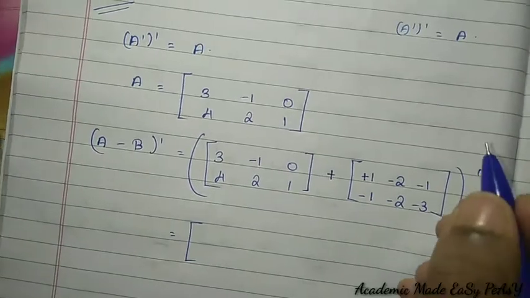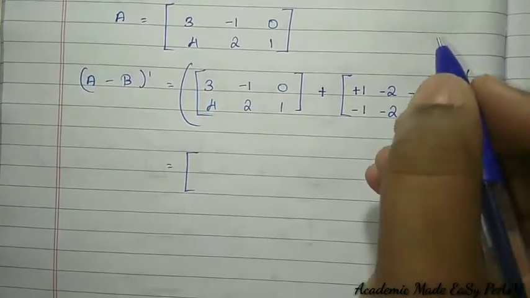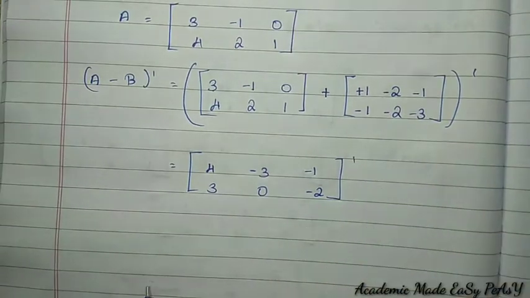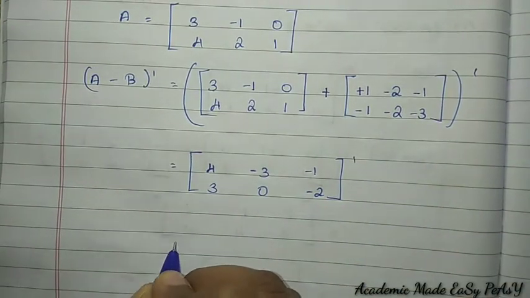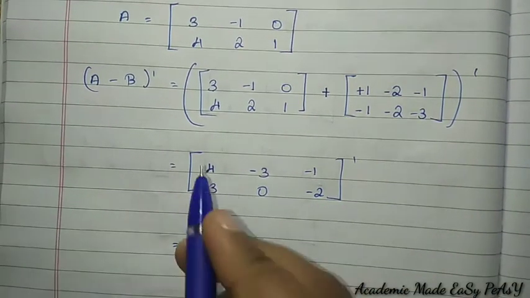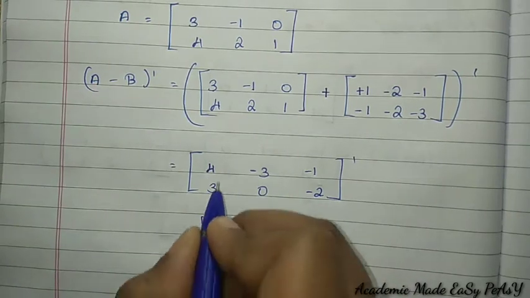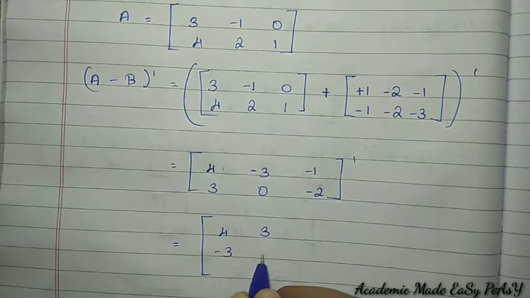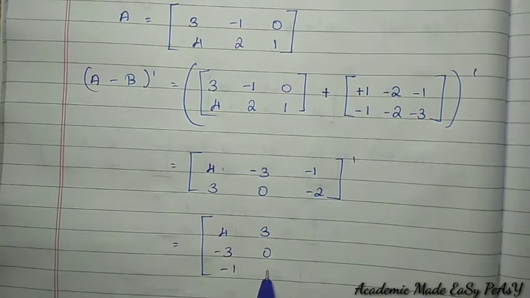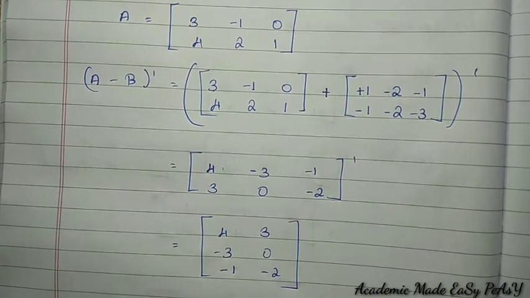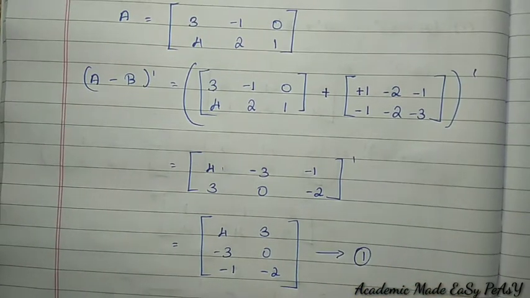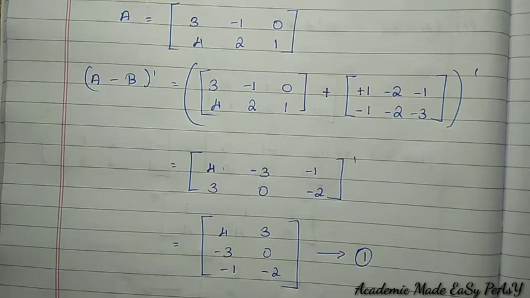So now I can directly add those two matrices to the whole transpose. So here if we take transpose, my column will become row. So first column as first row, second column as second row, third column as third row. So this is my answer for A minus B the whole transpose. So this is equation 1.